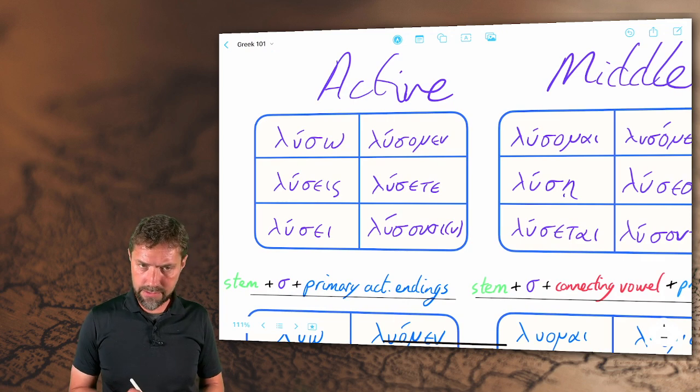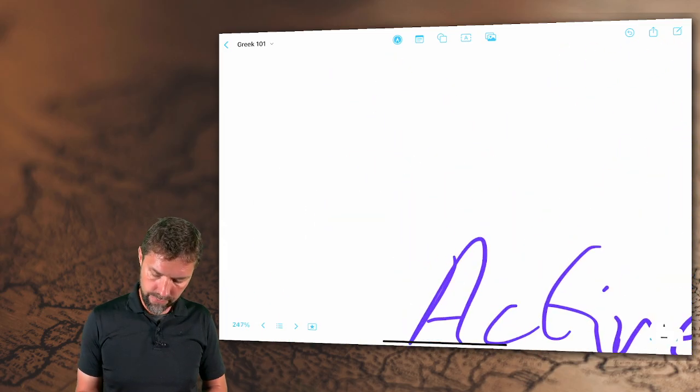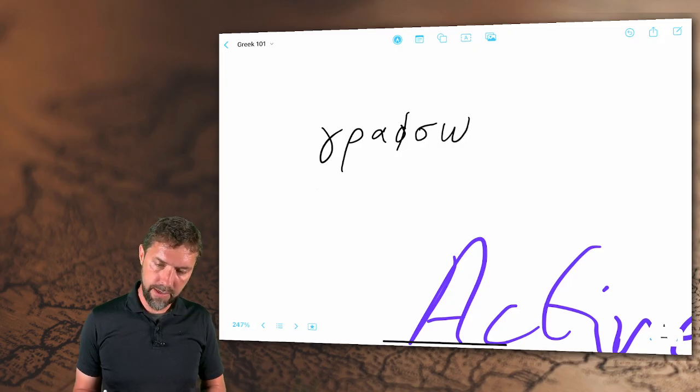I stick in the sigma in between. Okay, and so I've got my stem lu plus sigma. There's not really much of a conflict going on there, or a problem, a clash that's going to happen. But what if I had, for instance, a verb like graph? And then I want to stick onto graph a sigma. And I'm going to end up with something like graphsō.